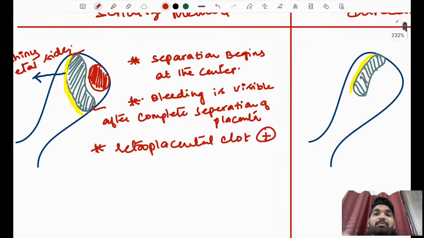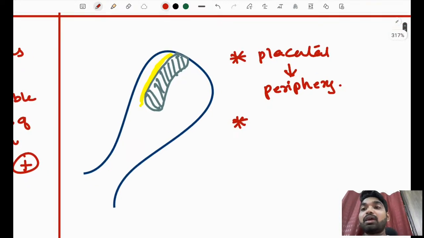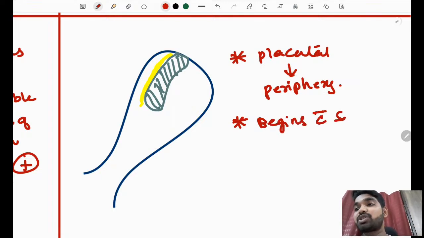Since there is central separation of the placenta, the bleeding is happening behind the placenta. Once the placenta gets completely separated in the Schultz method, then only bleeding will be visible. But here bleeding is immediately visible. As soon as the placenta gets separated from one edge, immediately the bleeding is visible.